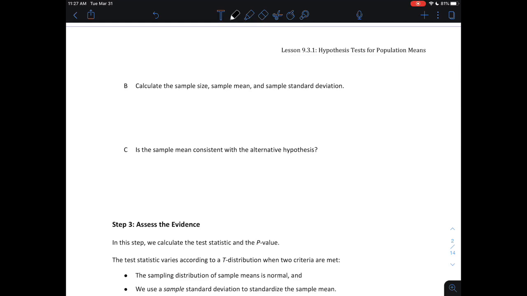Part B, calculate the sample size, sample mean, and sample standard deviation. So think back to how we have done this over the last few lessons. We're going to make a list and then use one variable statistics. Sample size is n. We already know that that's 16. Sample mean will be x bar, and sample standard deviation will be s.